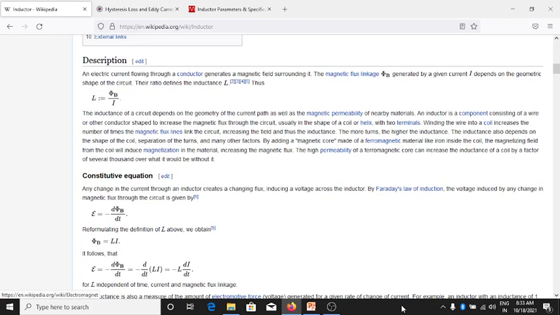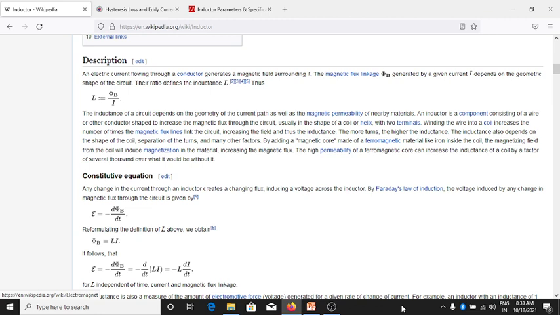Here's the description. An electric current flowing through a conductor generates a magnetic field surrounding it. The magnetic flux linkage generated by a given current I depends on the geometric shape of the circuit. Their ratio defines the inductance L. Thus, L is equal to magnetic flux divided by current.